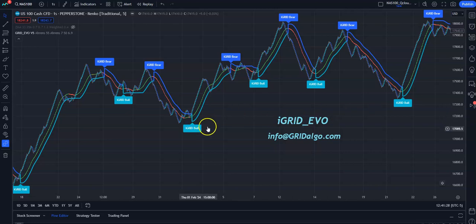But we're going to make sure that the iGrid Evo is moved to a strategy, so those of you connecting your platforms to DX platform or Tradovate or other platforms, or using third-party tools, can get into what I would call connected type automation. Because remember, TradingView does not inherently have the ability to run automated trading. There are ways to do it, but you need third-party tools.